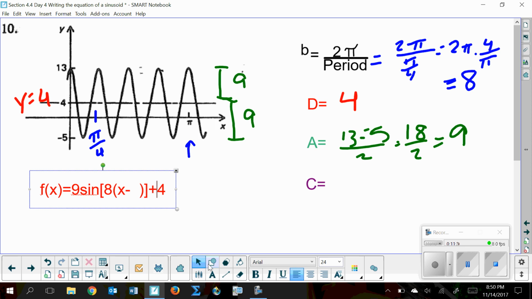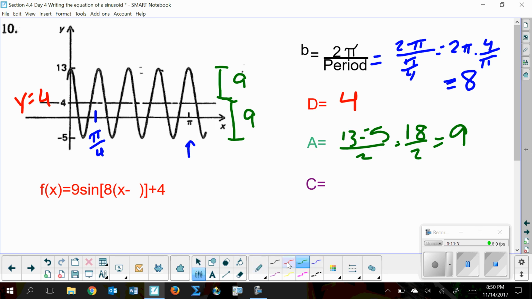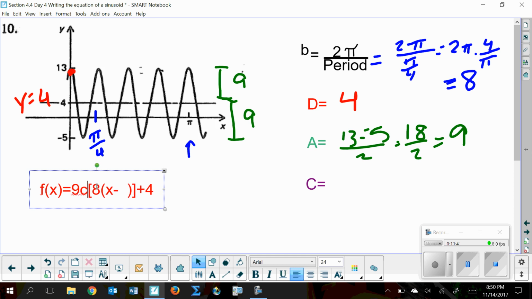So let's see where I want to start this graph. If I start right up here where this red dot is, that's actually going to be a cosine curve. And it's a positive cosine curve. So I'd start here. So it's 9 cosine of 8 times x minus 0. You can just write 8x there. You don't even need that. And plus 4.